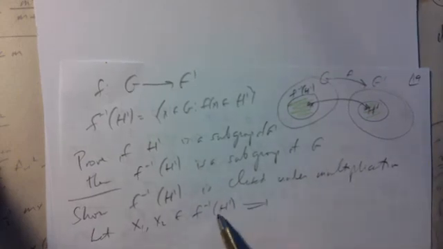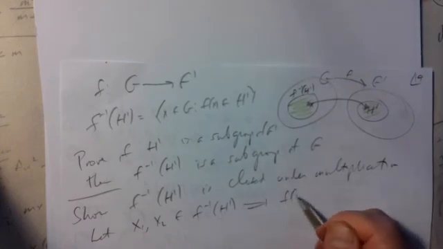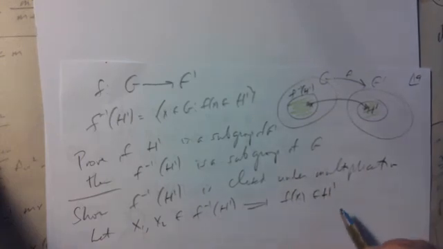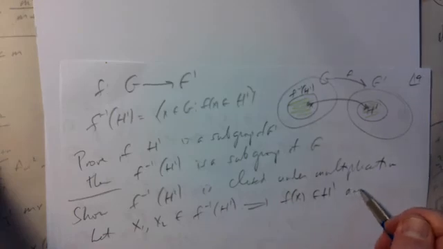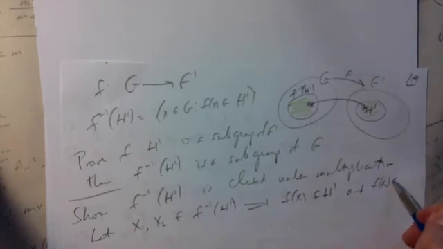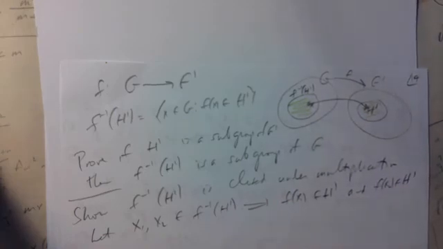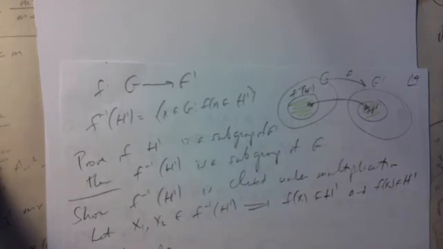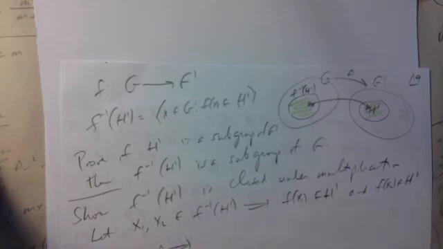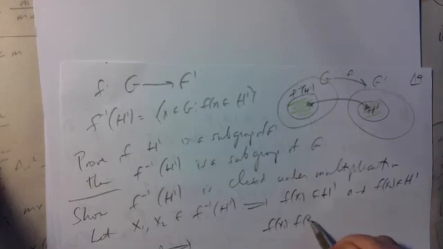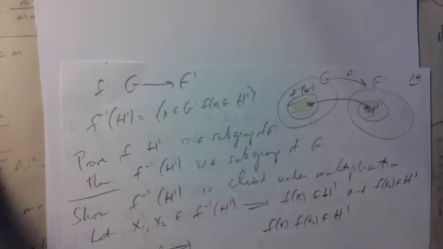So if x1 is in f inverse of H prime, that means f of x1 is in H prime, and f of x2 is in H prime. And H prime is a subgroup, so it's closed under multiplication. So f of x1 times f of x2 is in H prime.